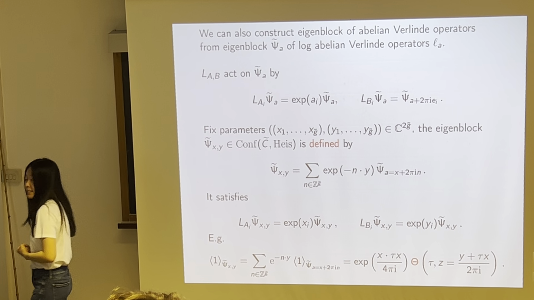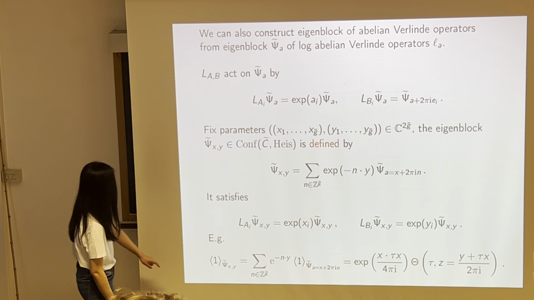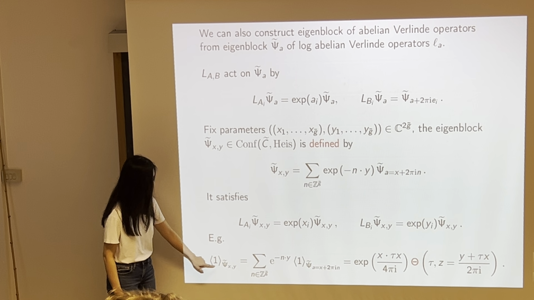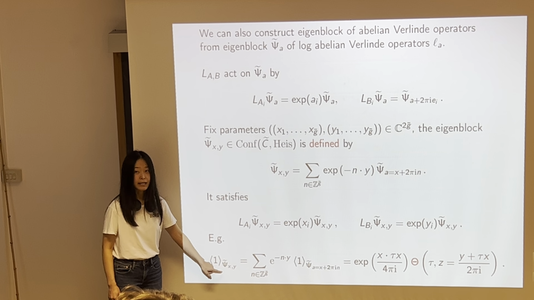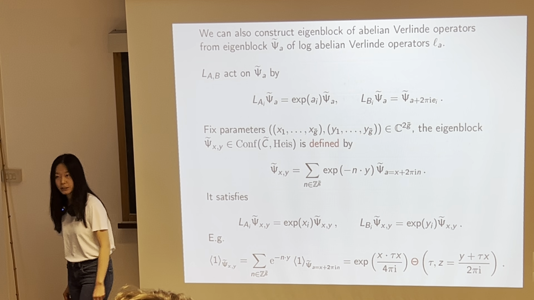So we can see that this psi tilde xy indeed diagonalizes all the L A I and L B I, and e to the x_i and e to the y_i are the eigenvalues. And using our explicit formulas for psi tilde A from before, we can also write down some explicit examples of psi tilde xy, and here's the zero-point function, which is just a theta function.